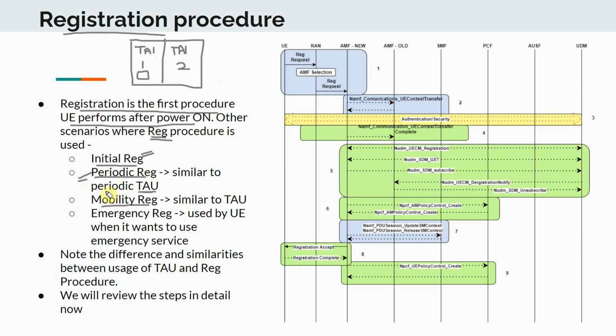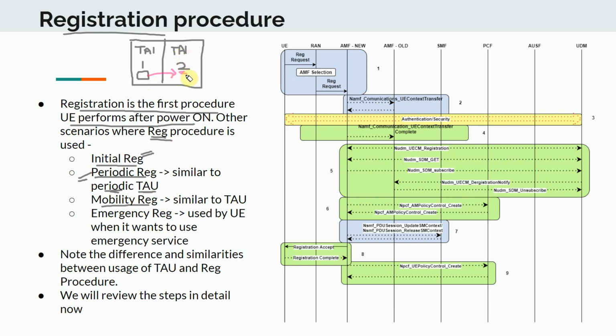That is what is called the periodic registration process, similar to the periodic tracking area update in 4G.